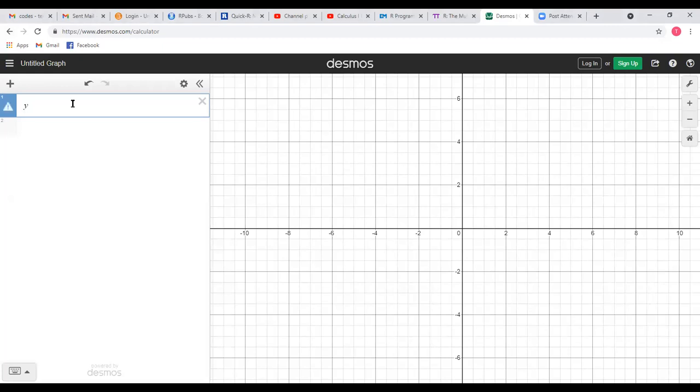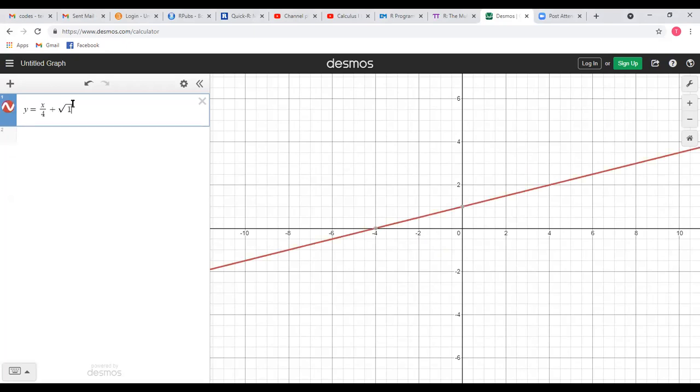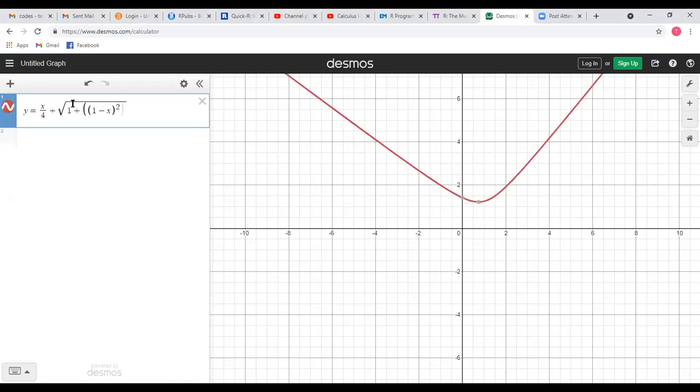You say y is equal to x over 4, plus the square root of 1 plus (1 minus x) squared. Okay, all right. So now you get this graph here, right?